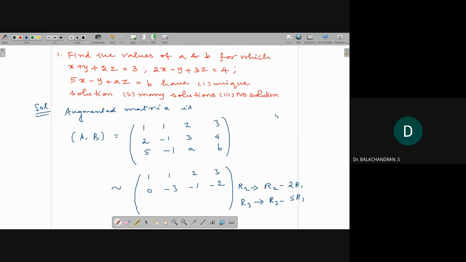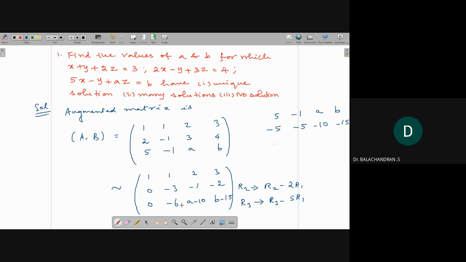R3 is 5, minus 1, a, b, and minus 5R1 is minus 5, minus 5, minus 10, minus 15. If you add these two, you'll get 0, minus 6, a minus 10, b minus 15.